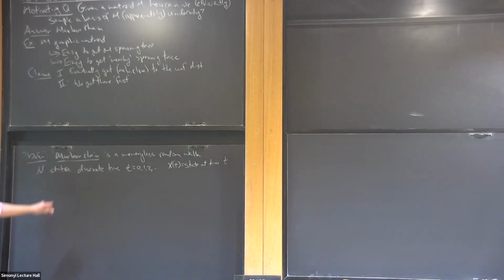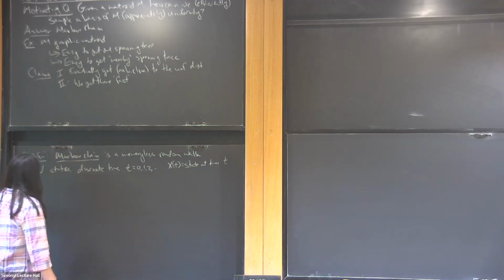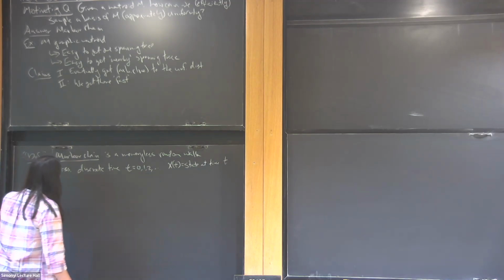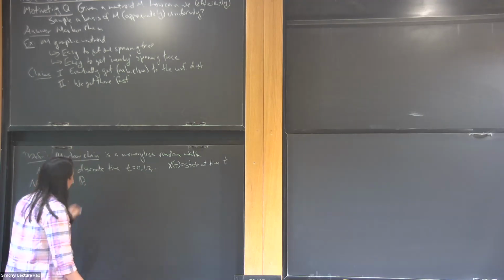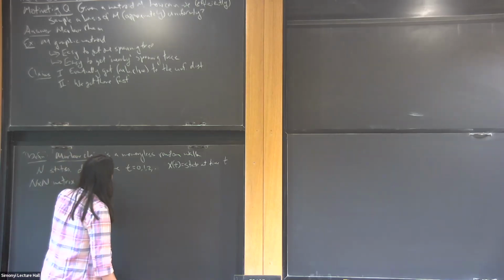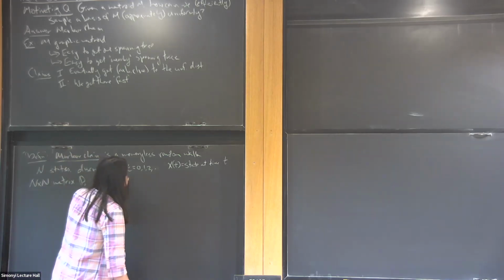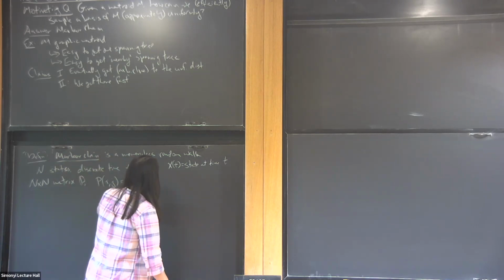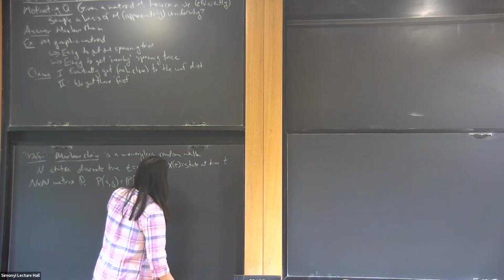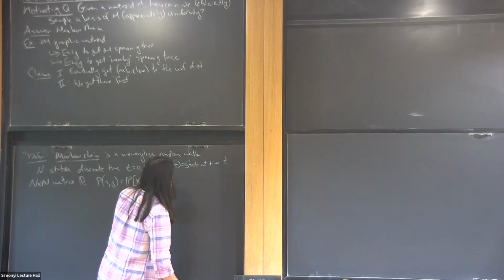Then we can represent our Markov chain as an n by n matrix, where our entries tell us, if I am here, where am I likely to go next? So we get an n by n matrix P, where P_ij is the probability that x_{t+1} equals j, given that x_t equals i.